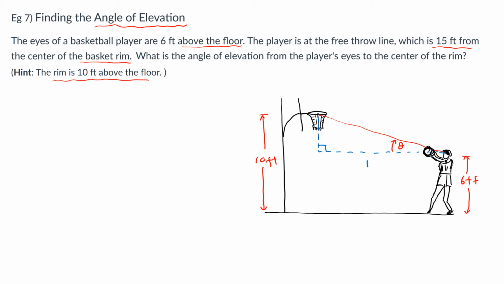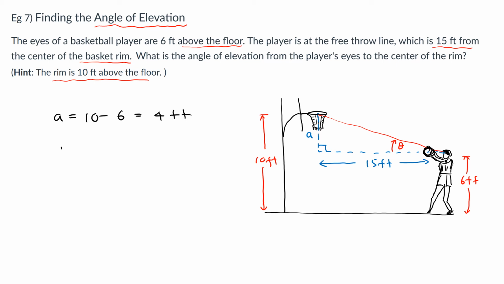We know this is 15 feet because it's given. We also need the distance between the rim and the horizontal line, which is simply 10 minus 6, so A is 4 feet.